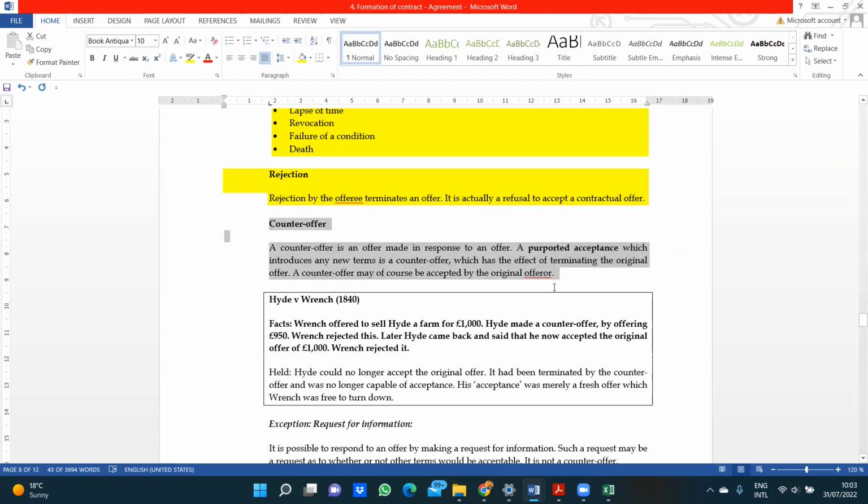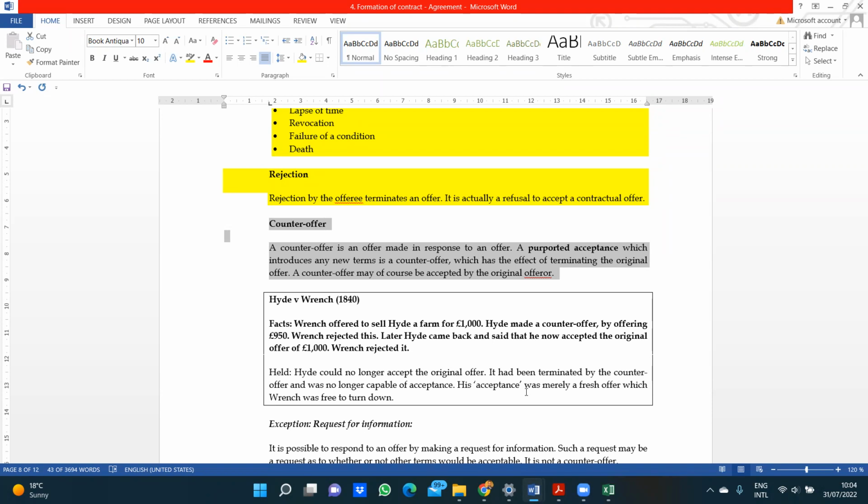Counter offers. A counter offer is like you have been given an offer, but you are not too satisfied with the offer, with the conditions. You want to make another offer. The counter offer occurs such that the original offer is rejected, and a new offer is made in response to the rejection.